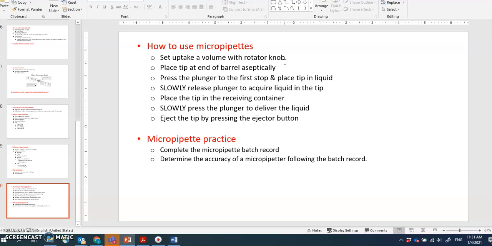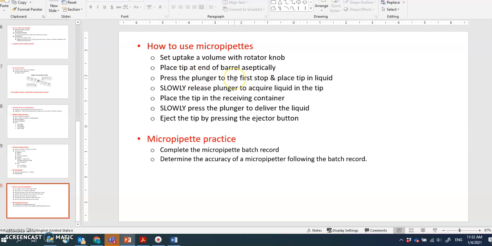So you need to practice a few times by placing your thumb on the button and pressing it and feeling that first resistance point, and hold your thumb there. Okay, and release it slowly. Press it, feel the first resistance point and hold it. So that's what it's talking about.